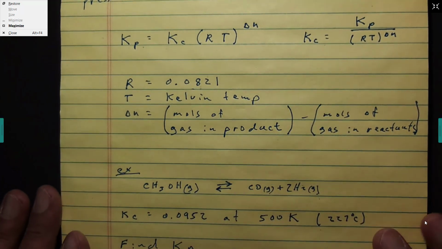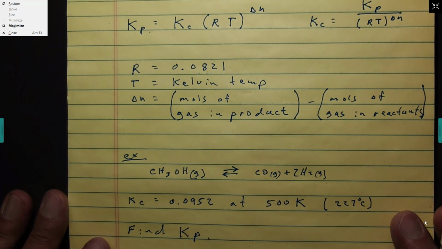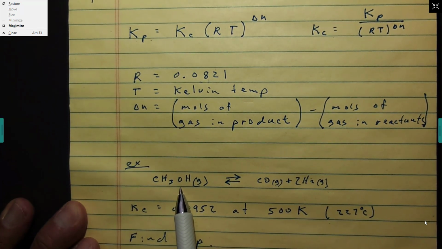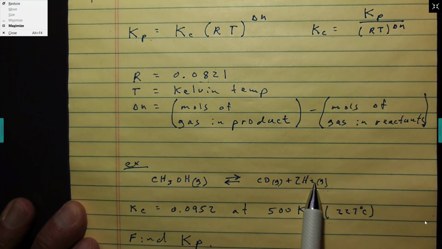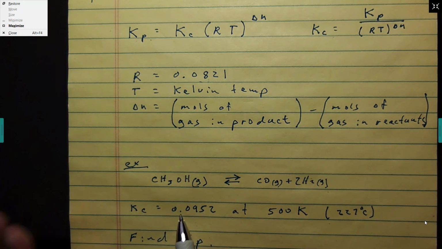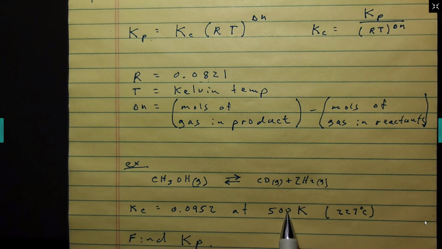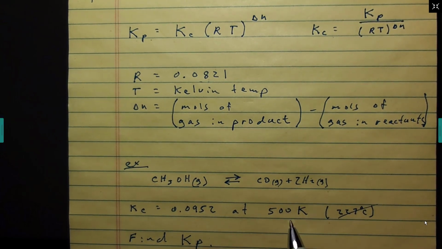So we've got our example here. This reaction, this is methanol, as a gas. Get it real hot. It can turn into carbon monoxide and hydrogen gas. It gives you a value of Kc at 500 Kelvin, or 277 C. You don't need this; use temperature in Kelvin.